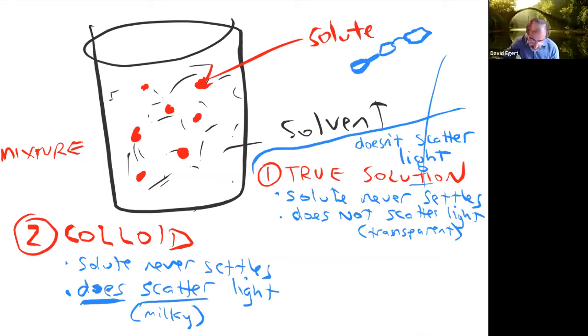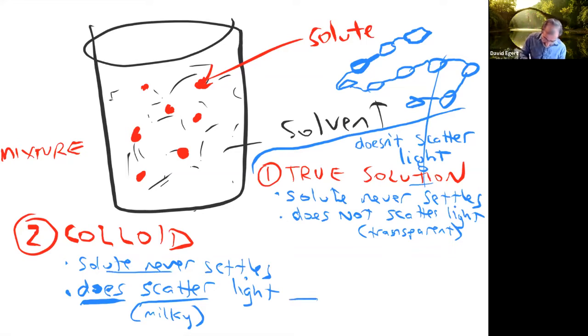Starch is a whole bunch of glucoses all connected together in big long chains. So it's polar, because each of the glucoses is polar, but it is big. It's a lot harder to get it to go into solution. You've got to wait longer and mix it a long time. It eventually goes in, but it does scatter light. It looks kind of cloudy when you look at it.